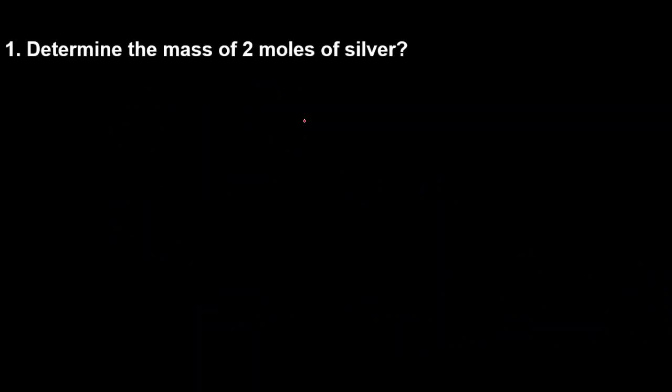Another item, number 2. Determine the mass of 2 moles of silver. Again, the process is, let's go to the molar mass of silver. Check your table of elements, and the mass would be 107.87 grams per mole.